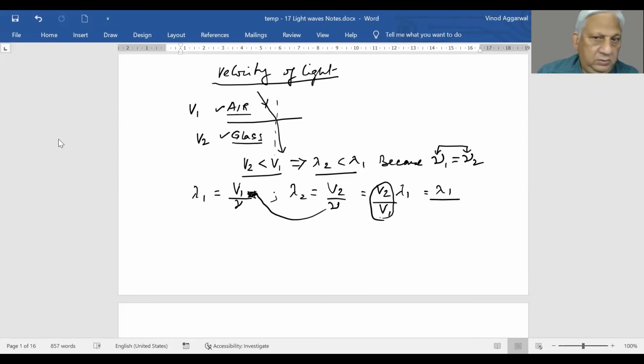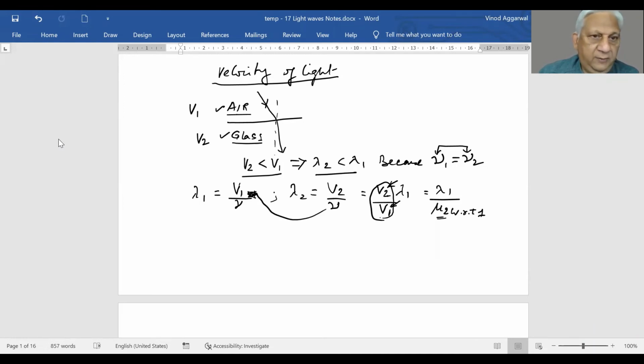This is called mu of media 2 with respect to media 1. V1 by V2 is mu of 2 with respect to media 1. Okay.